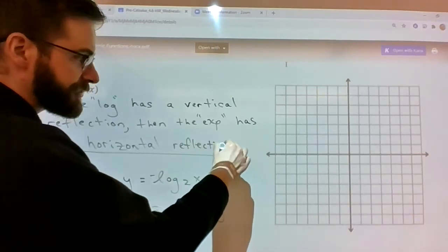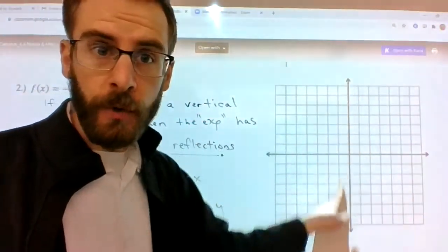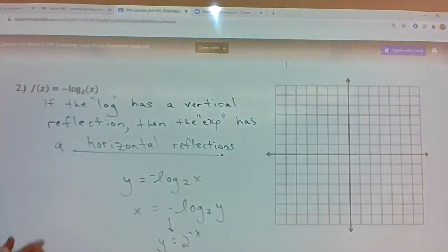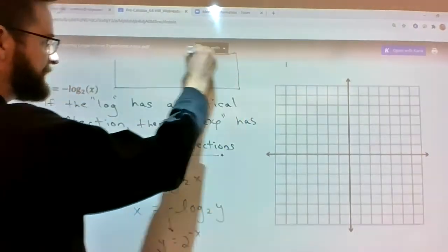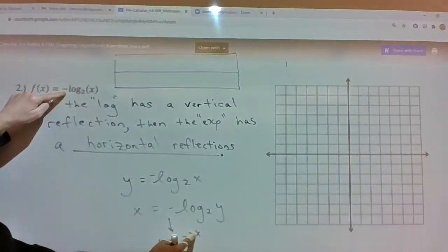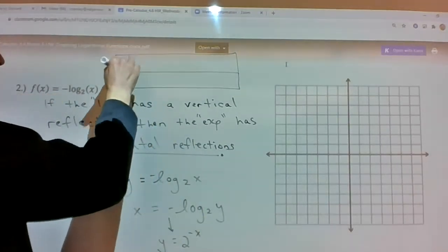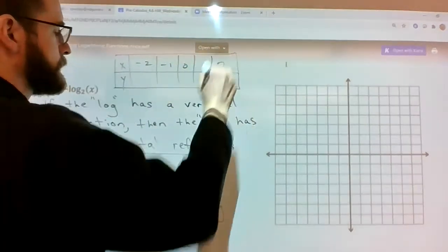And that made sense. We had a horizontal asymptote on number 1 here, which turned into a vertical asymptote here. So all we got to do is ask ourselves, what's the table look like for 2 to the negative x? So we're keeping these values.